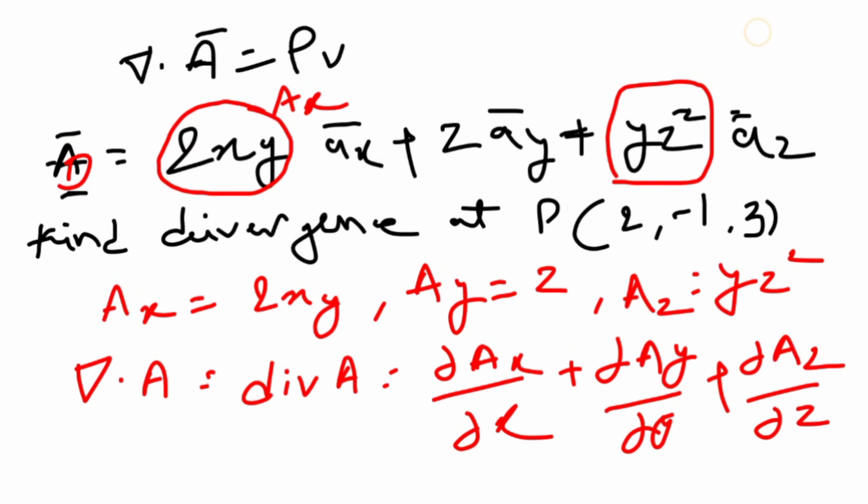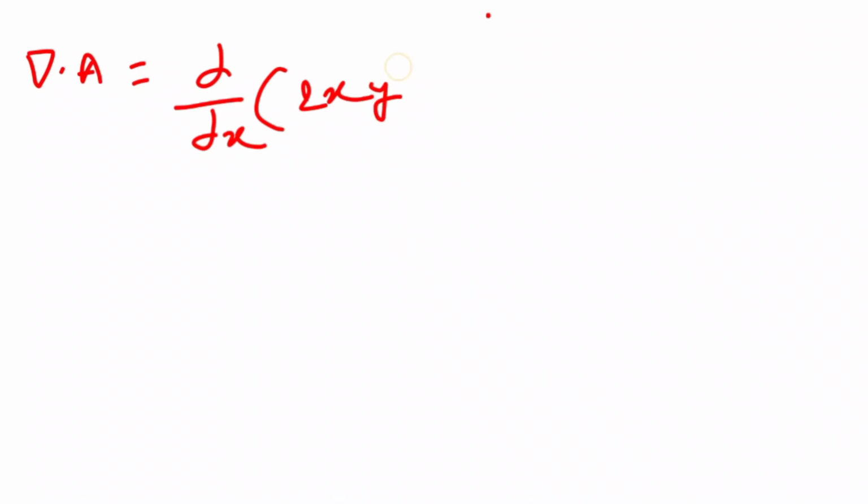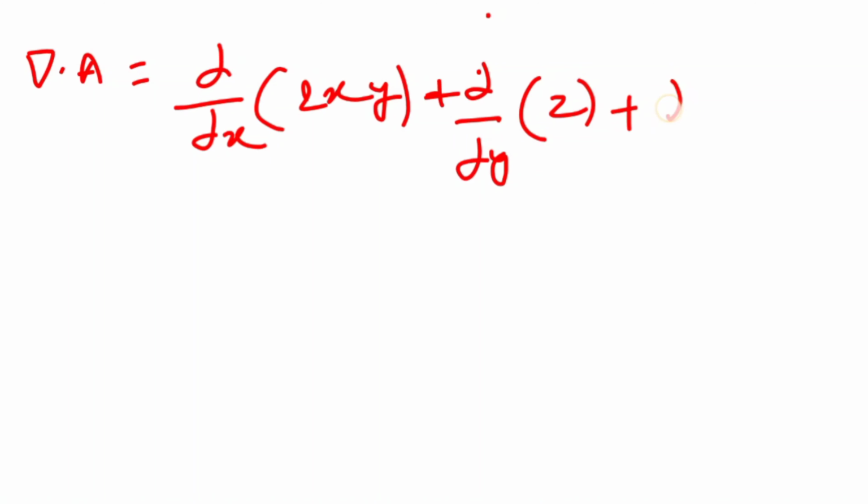The formula we already discussed previously. Now we substitute ax, ay, az in del dot A. Del dot A equals dou by dou x of 2xy plus dou by dou y of z plus dou by dou z of yz square.